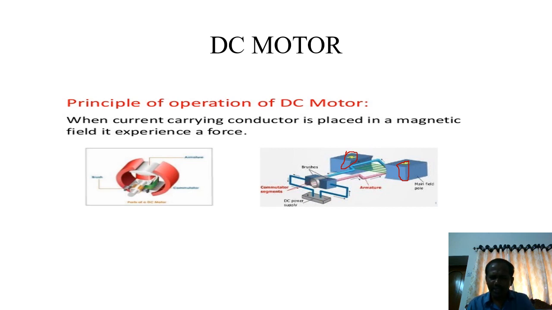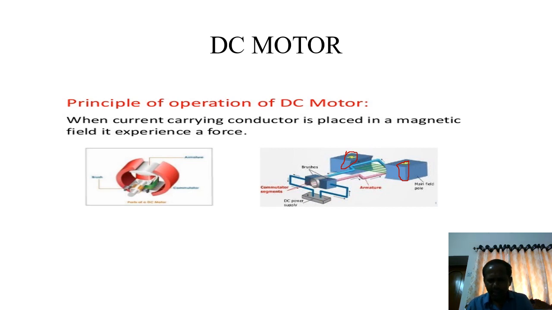When we place this armature inside the magnetic field, the two coil ends of this rectangular shape are connected to brush 1 and brush 2. These two brushes have positive and negative terminals, so we are providing a DC power supply to these brushes.